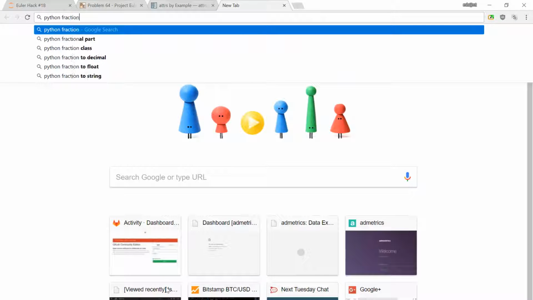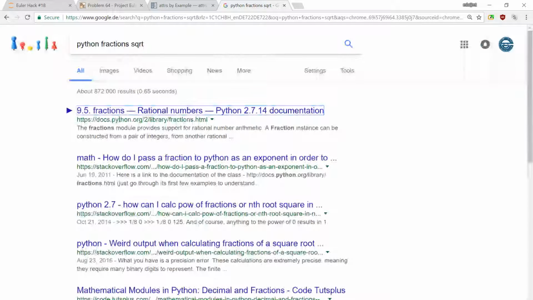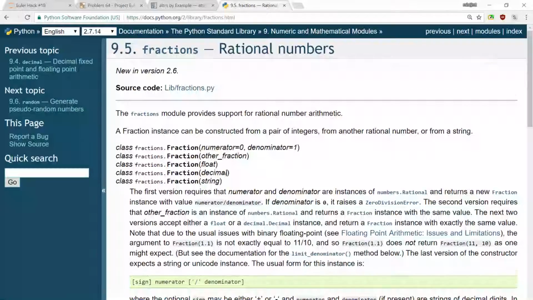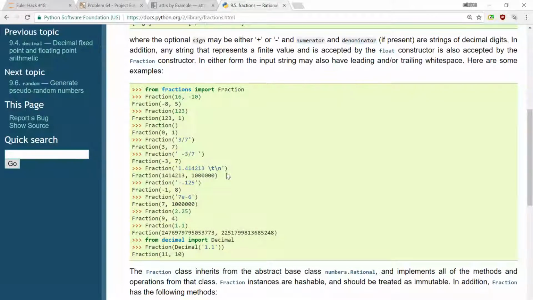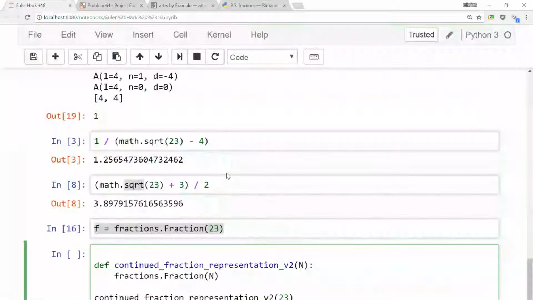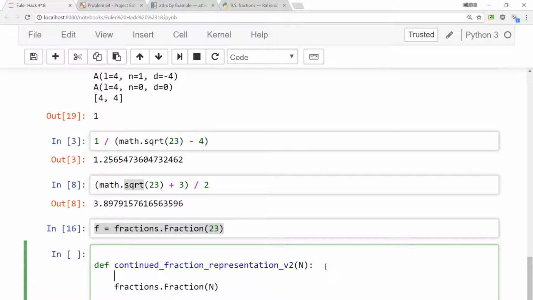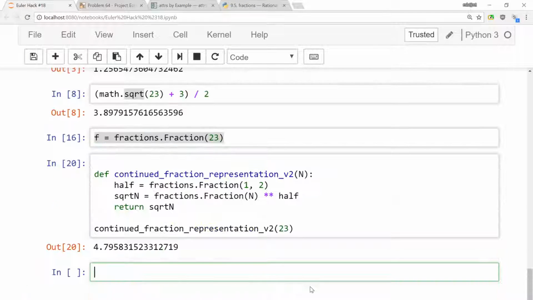Python fractions square root precision. Yeah, we'll have to increase the precision. That's for sure. I'm just trying power to the power of a half. Maybe that's how it works. Okay. Half is fractions. I think it is not that big a matter because we are getting the decimal numbers and we are only gathering the numbers that are the integer part.